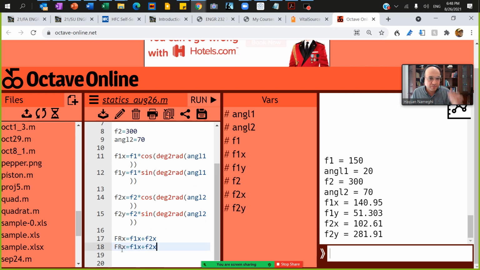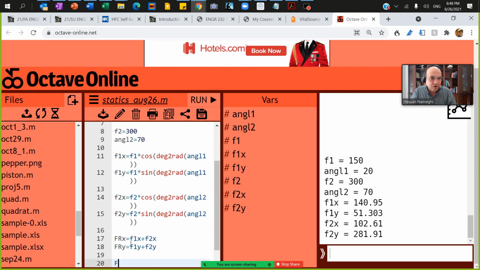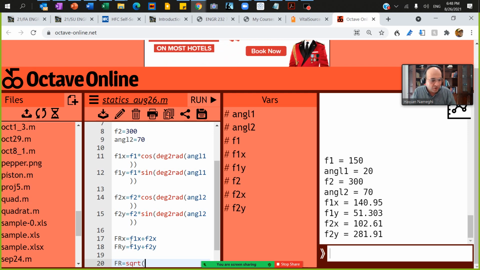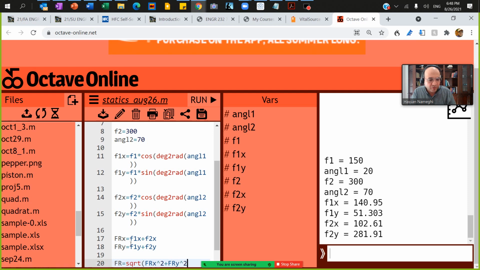I'll repeat that. And then I'm going to say FR is equal to SQRT, which stands for square root, of FRx to the power of 2 plus FRy to the power of 2.